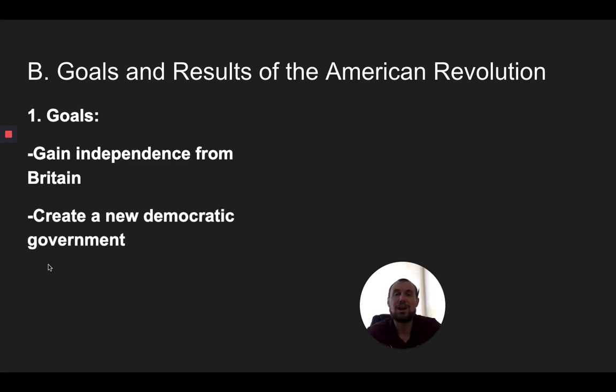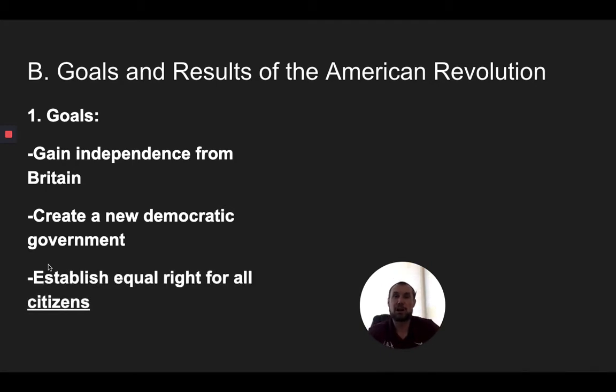Two, create a new democratic government. Okay? This was also going to be very new to the world. A democratic government not seen since Greece and Rome back in the ancient days, and so this is going to be the great experiment. And number three, they also wanted to establish equal rights for all citizens.